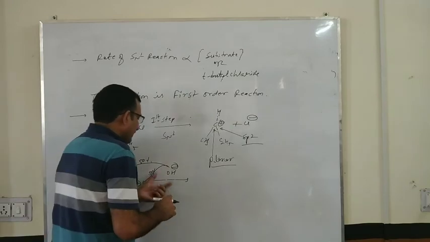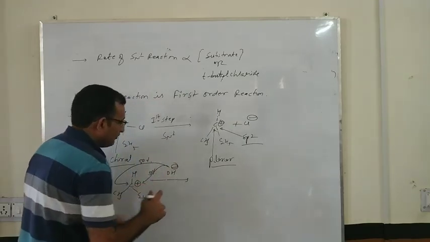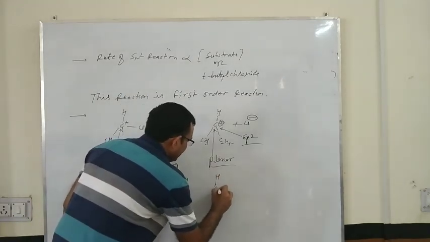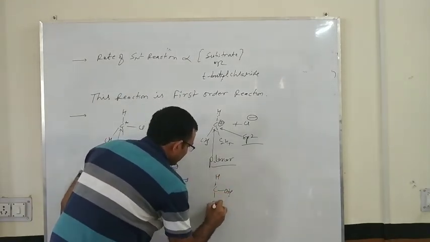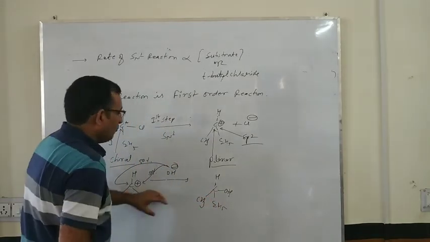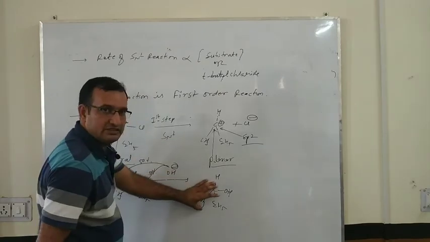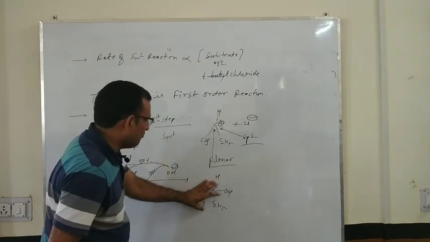So two types of products are formed. If the OH minus attaches to the front side, then the product is OH C2H5 CS with the same configuration. This type of configuration is known as retention of configuration.